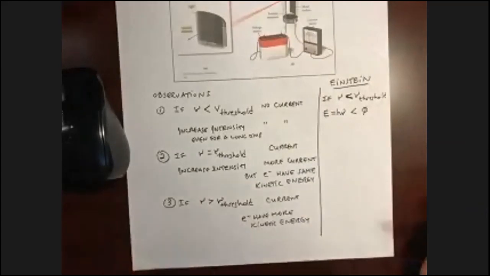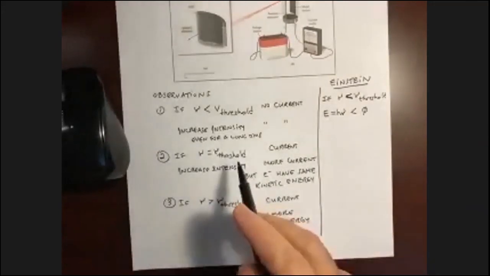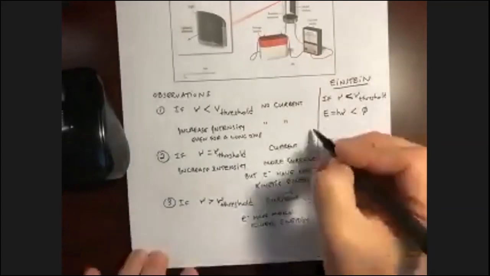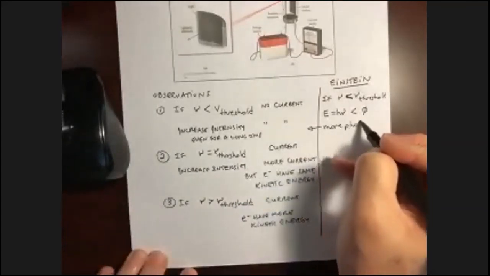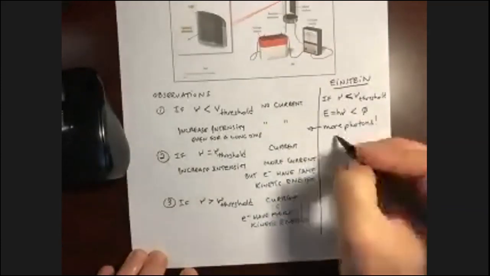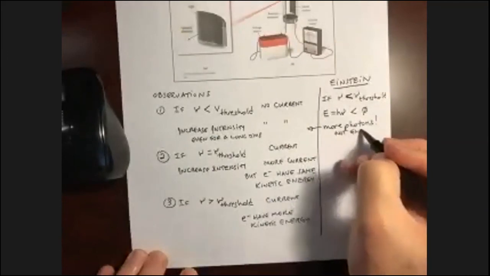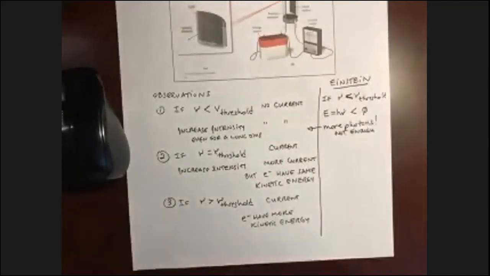In other words, this light is not capable of providing sufficient energy to dislodge electrons. Now, you can increase the intensity. In other words, you can send more photons. Right? This is the equivalent of saying, okay, I'm going to send more photons. Not enough, because the key is that they have to overcome that binding energy. And again, I apologize for the blurriness here.